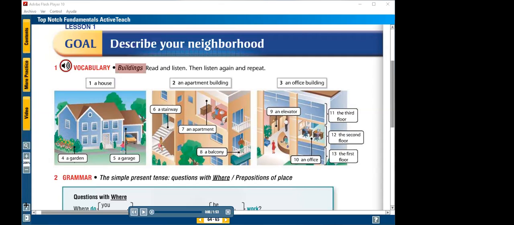Ahí no supe cómo, teacher. The 3 floor. The second floor. The first floor.